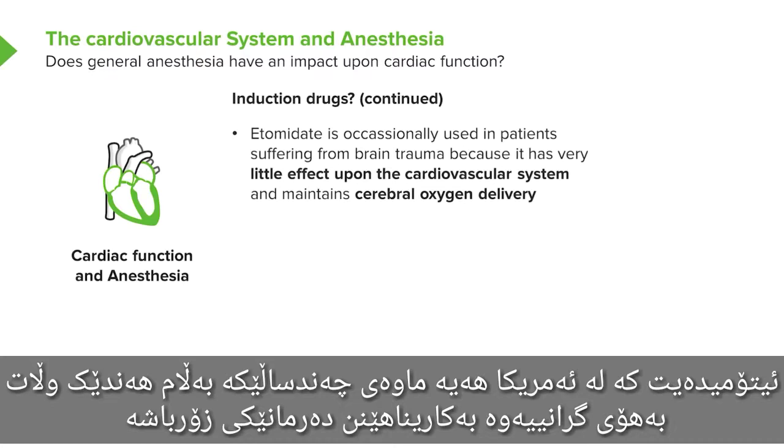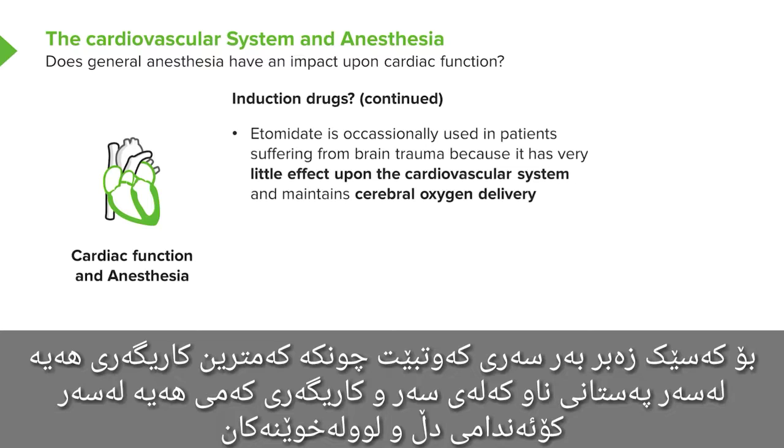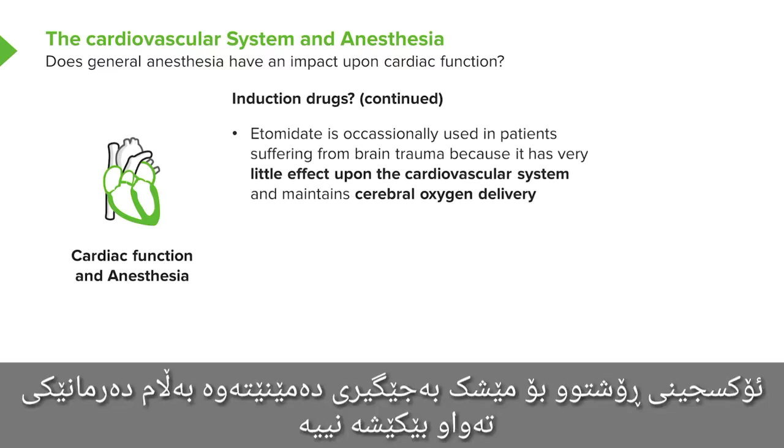Etomidate, which is a drug that has been available in the United States for many years, but in many other countries hasn't been available because it wasn't marketed due to cost constraints, is a very good drug to use in patients who have had brain trauma because it has very little effect on intracerebral blood pressure, has very little effect upon the cardiovascular system, and cerebral oxygen delivery tends to remain stable.